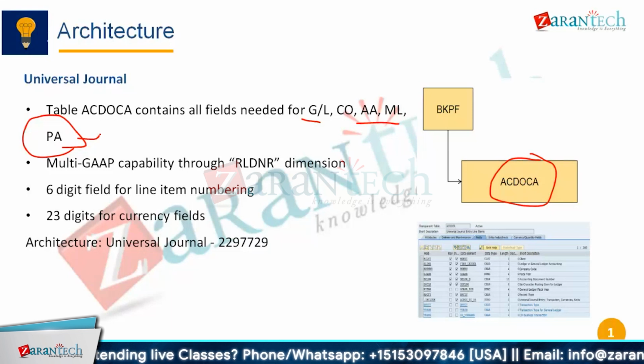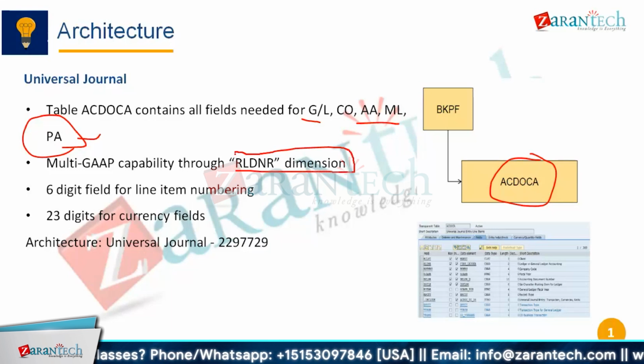Multi-GAAP capability through RLDNR. RLDNR is basically the ledger, which we'll see. Multi-GAAP capability means, suppose IFRS reporting, GAAP reporting, we have multiple reporting requirements that we could achieve through this ledger.